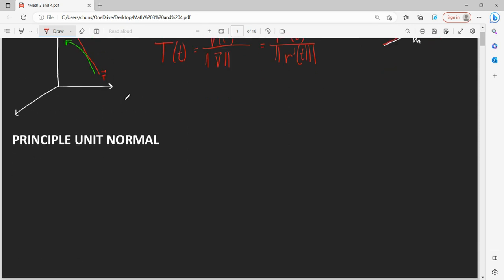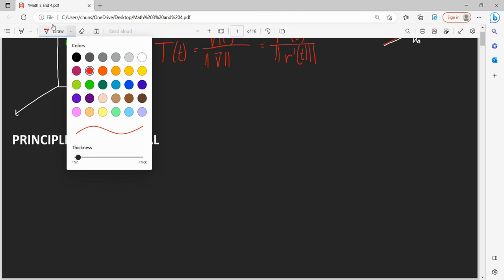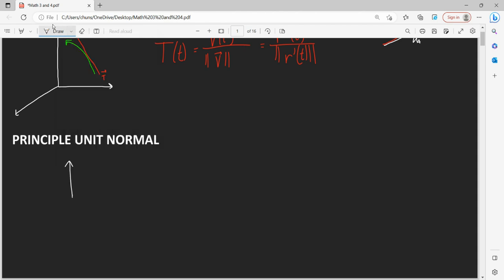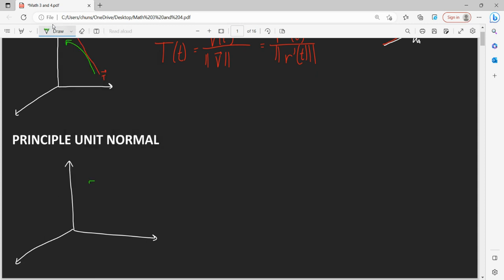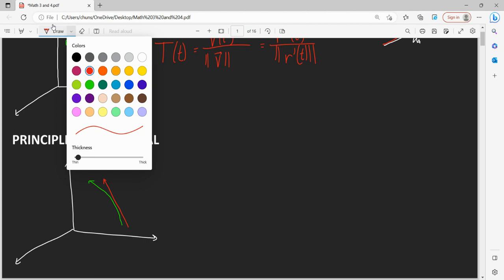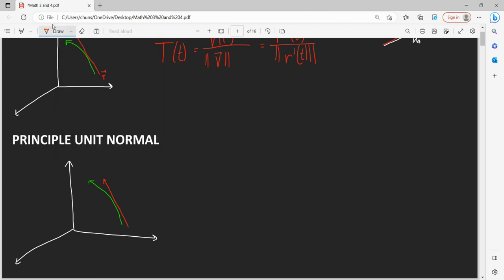Next up is the principal unit normal. So if I were to draw this system again, and we have our space curve C. So we already drew our tangent. We know our tangent is tangent to the curve. Let me draw that better. So now we're going to introduce our principal unit normal.